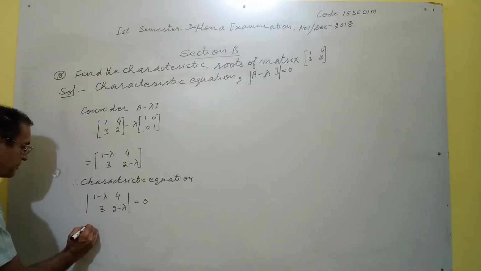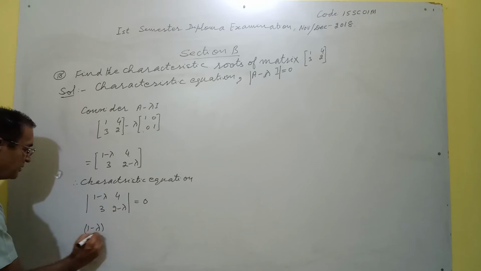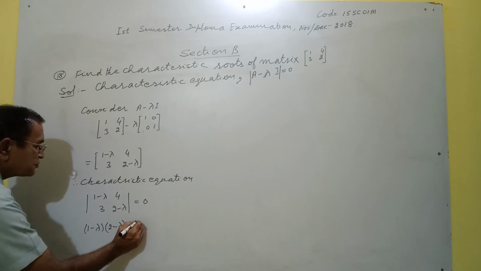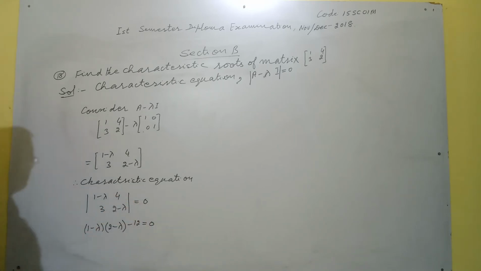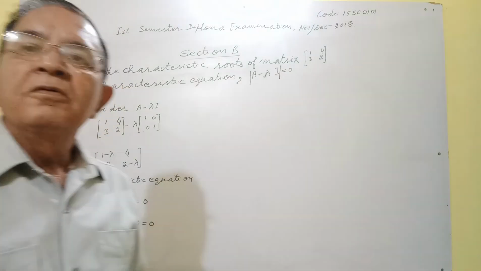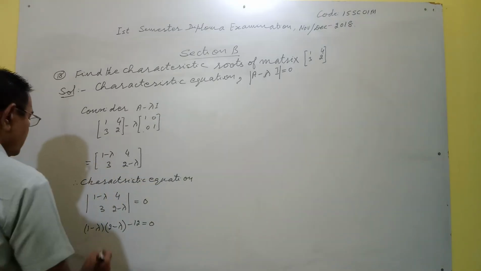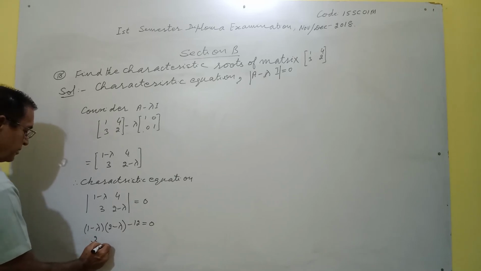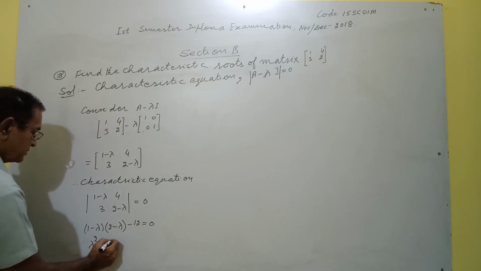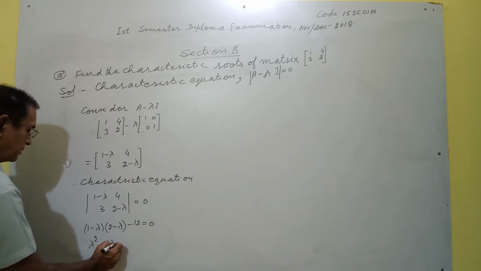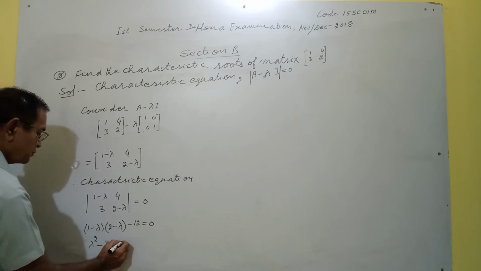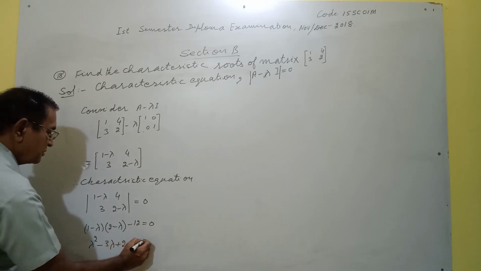Find its determinant. 1 minus lambda into 2 minus lambda, minus 12 equals 0. So by solving this determinant, overall we will get lambda square minus 3 lambda plus 2 minus 12 equals 0.